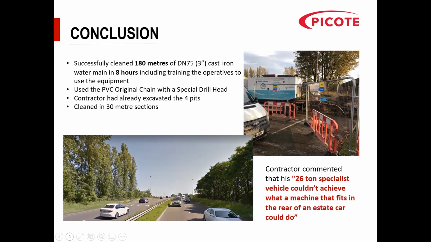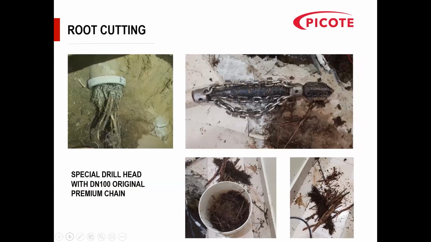The contractor then commented that his 26-ton specialist vehicle couldn't achieve what a machine that fits into the rear of an estate car could do. I think that really peeved them off, that our machine was small enough to fit in the back of an estate car. But again, it shows you how versatile the machines are when you start using high-speed cutting.